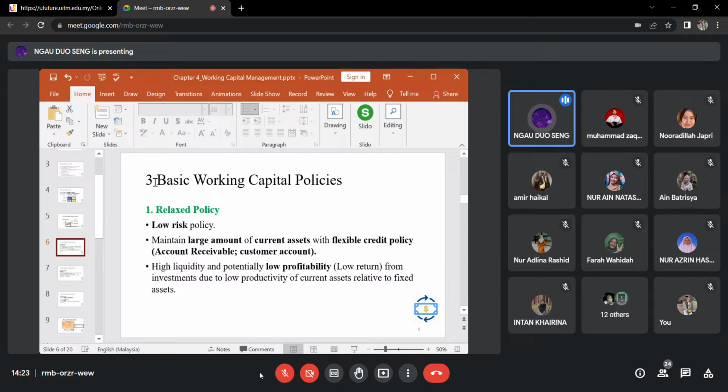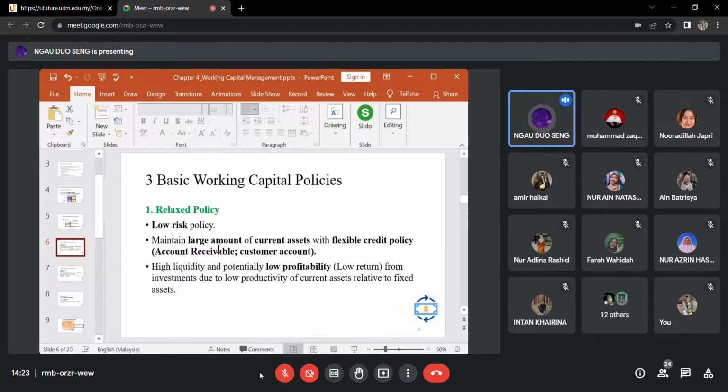Relaxed policy, here it is a low risk policy. You maintain a large amount of current asset, with a flexible credit policy. Account receivable is high.